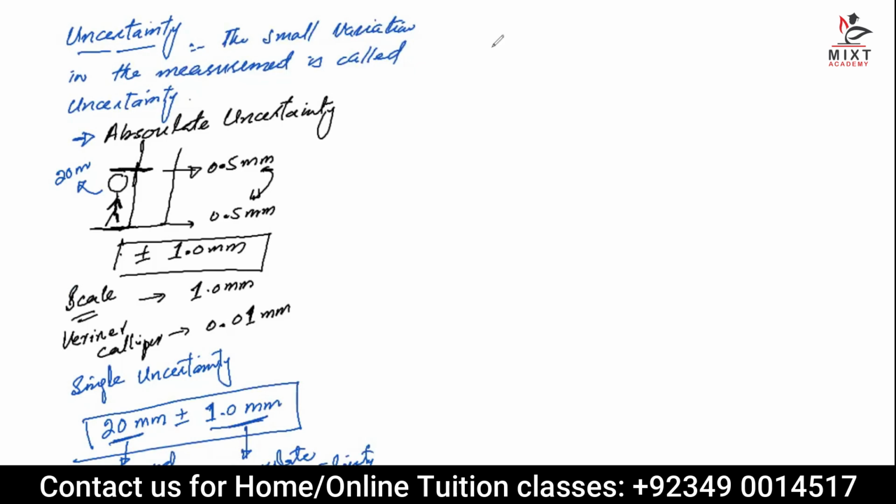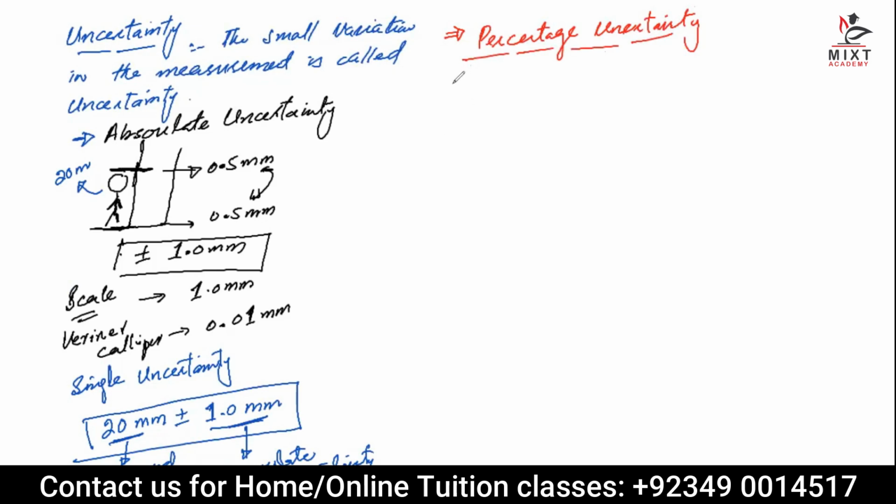Now, the second type of uncertainty is percentage uncertainty. Yeah, can you hear me now?